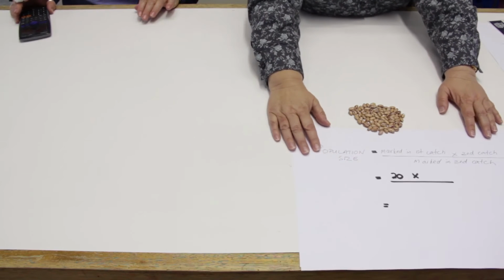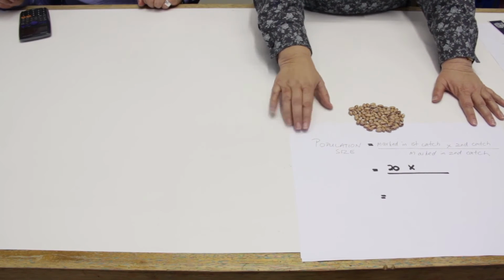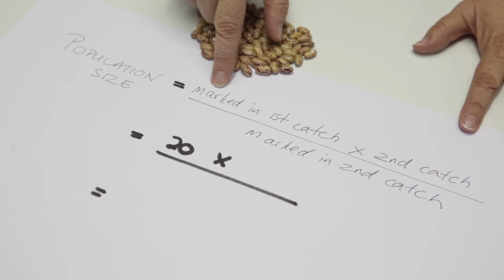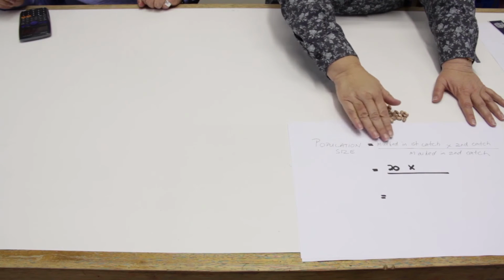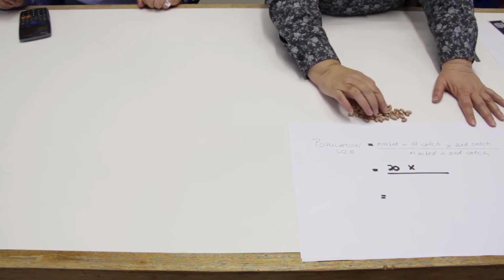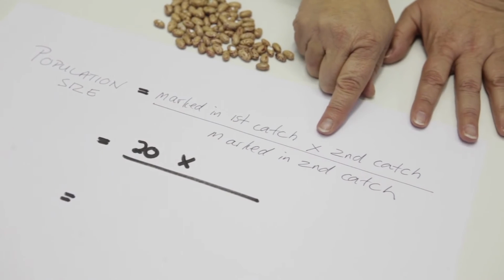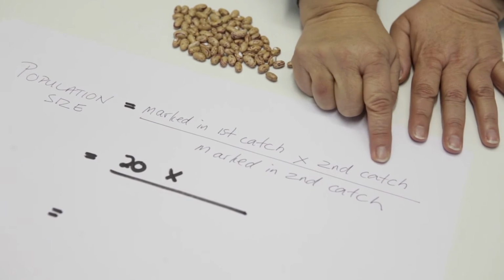Now, let's just see before we start what the formula is that we're going to use. To determine the population size, we catch, in other words, I will randomly grab a lot of beans and we will mark them in some way. Now I marked them with a white dot and there are 20 marked. Then we put them back in the dam if they're fish and we do a second catch.